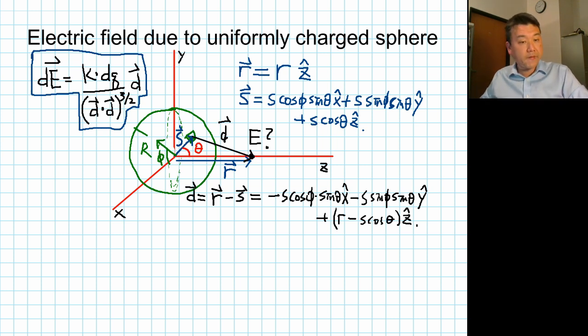All right, that's the d vector. I think we have everything we need to write out this infinitesimal contribution to the electric field.